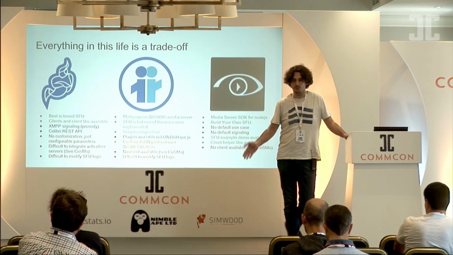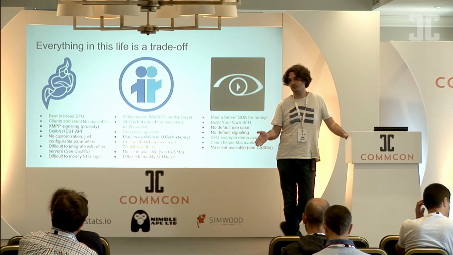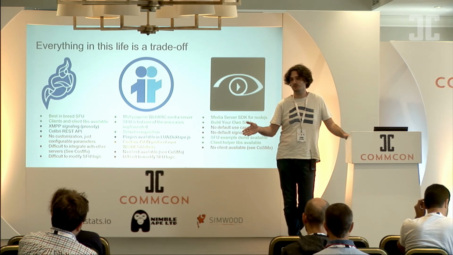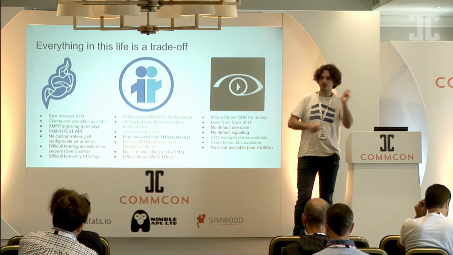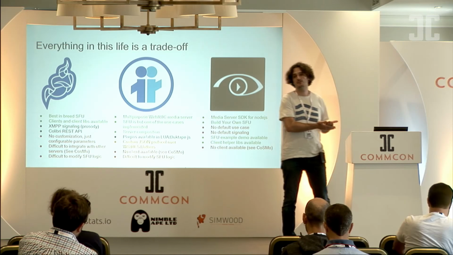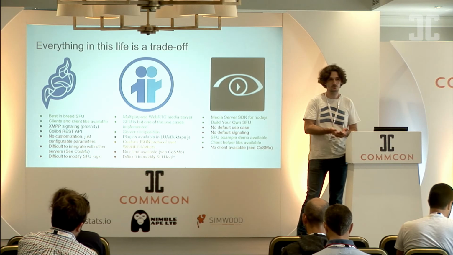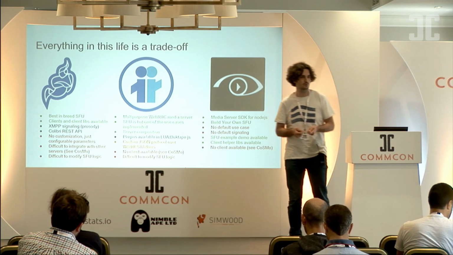So what do you get? Well, for example, you get a Socket.IO, you can integrate it with it. You don't have to do anything else. I mean, you don't have to do a REST API. You just plug it in the library, and you can use it with the same signaling that you have. No one is forcing you to use a new signaling protocol. No one is forcing you to do a use case.